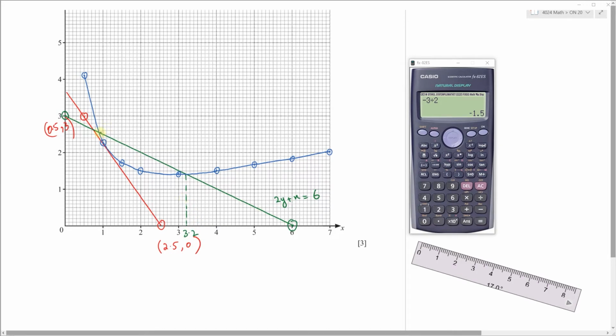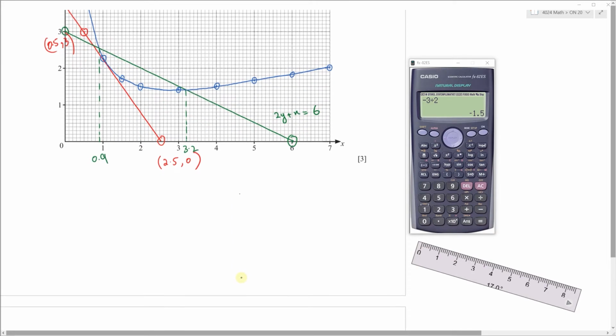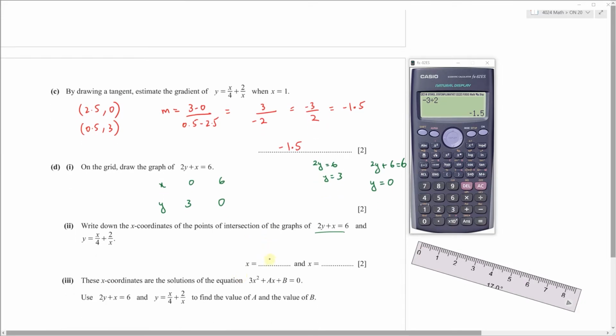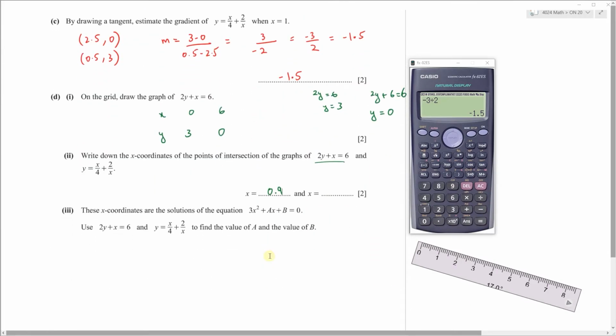And the other one is this one between the blue curve and the green line. So let's draw a straight line down to the x-axis. So this is 0.9. So let's write down the values. So x is 0.9 and the other one is 3.2. So these are the x coordinates of the points of intersection.